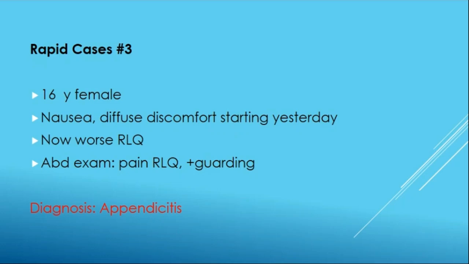It's obvious. Tender, guarding, right lower abdomen. It's a common age. Appendicitis is common between 6 years and 30 years. That doesn't mean that other people won't get it. None of the people are immune to appendicitis. Anybody can get it, but the common age is 6 to 30.